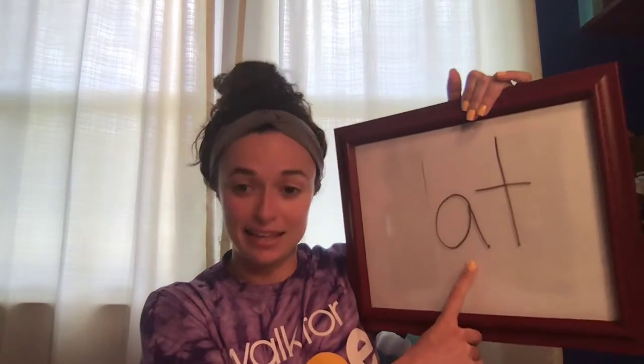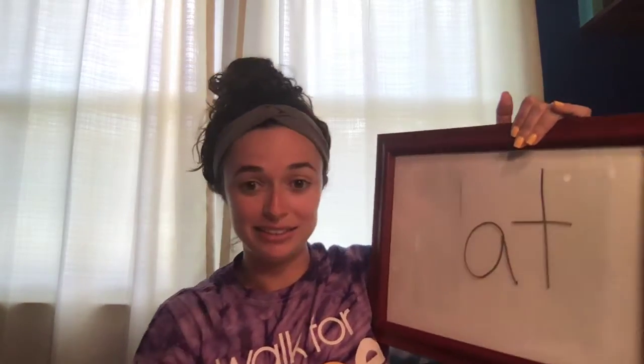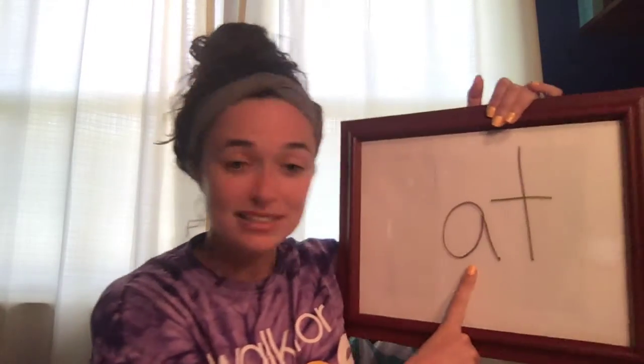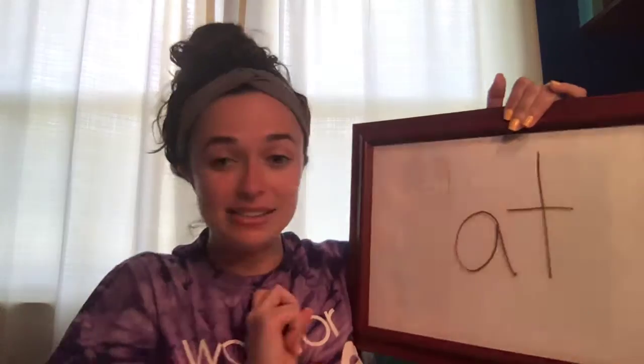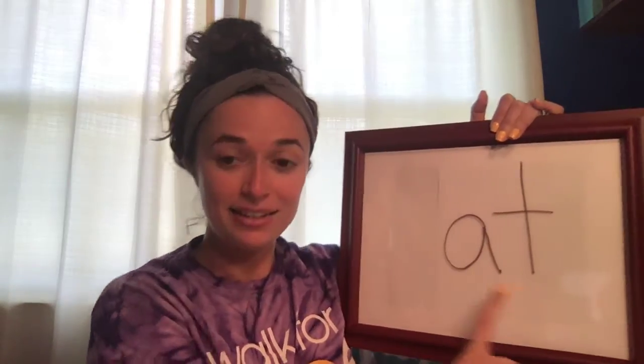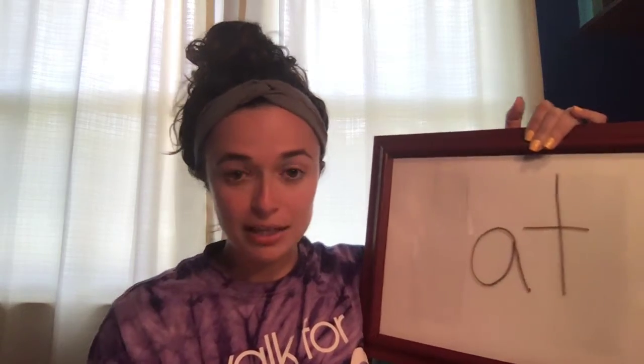I need Annie Apple and Talking Test, the letter A and the letter T, because A says a, T says t. So when we read it together, we have at, the at word family.